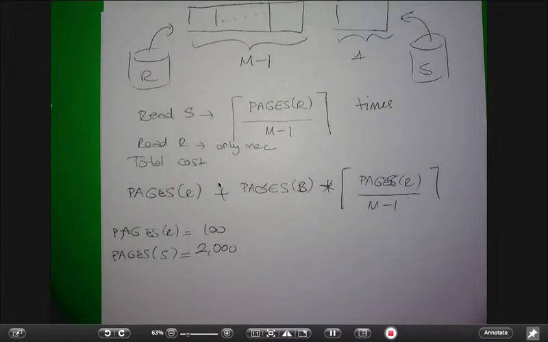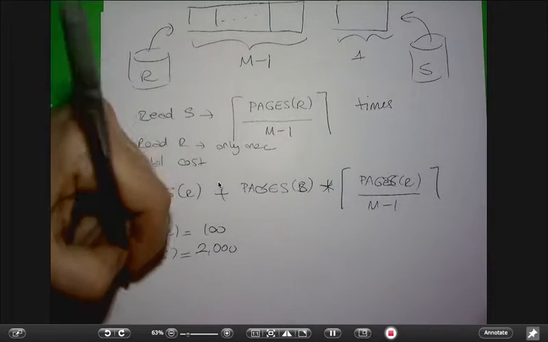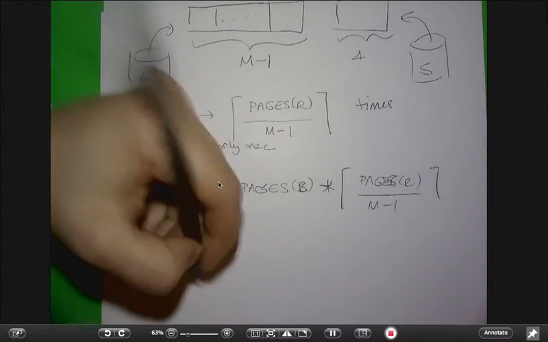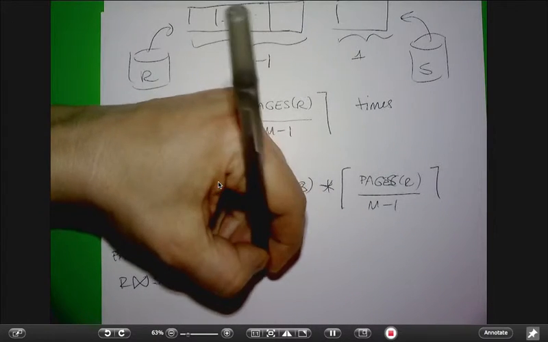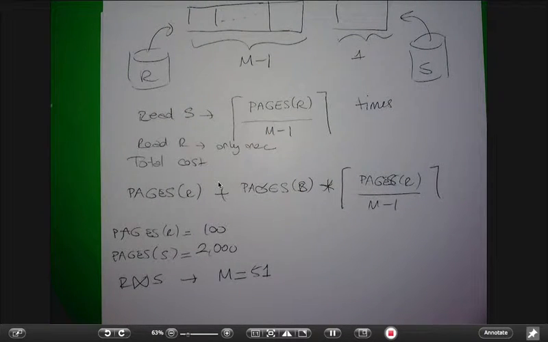Okay, and I want to look at R join S, and let's say M is 51. I'm doing 51 for simplicity. So that means I can read R into 50 blocks and then read S. How many times do I have to read S completely?